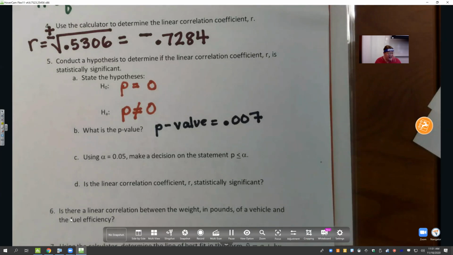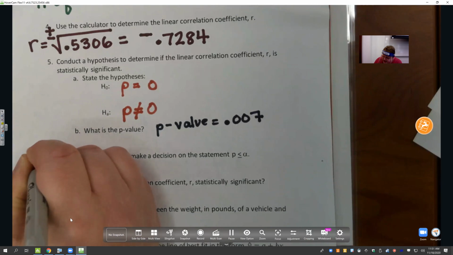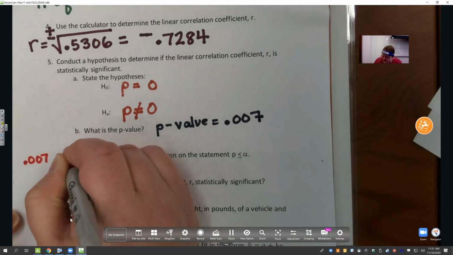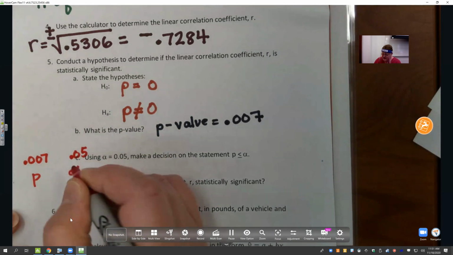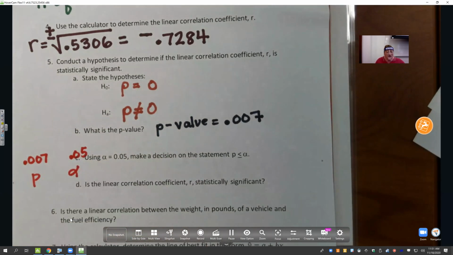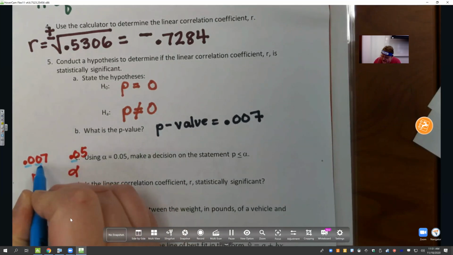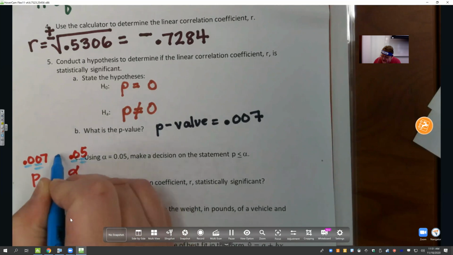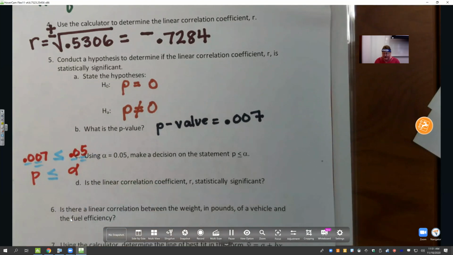We then compare that p-value of 0.007 to alpha, which is 0.05. Again, remember, we do it digit for digit. We already decided a minute ago that 0 is less than or equal to 5. So p is less than or equal to alpha.